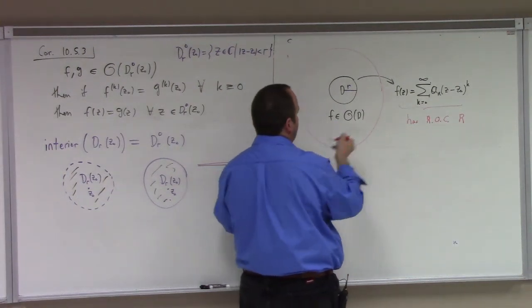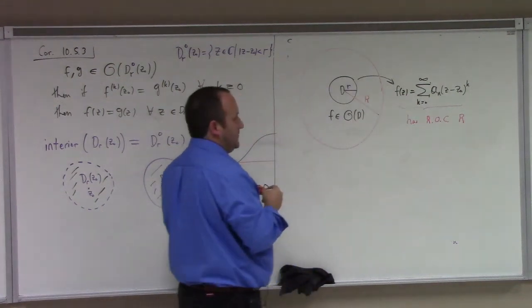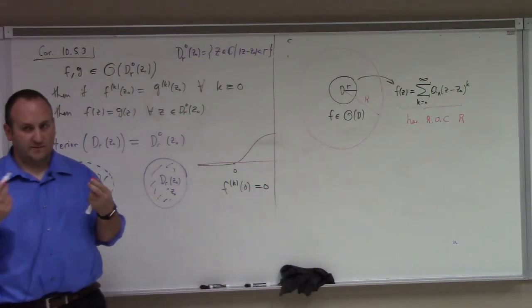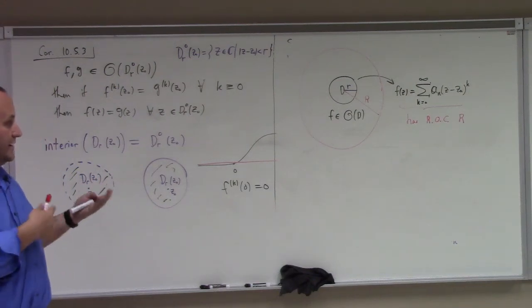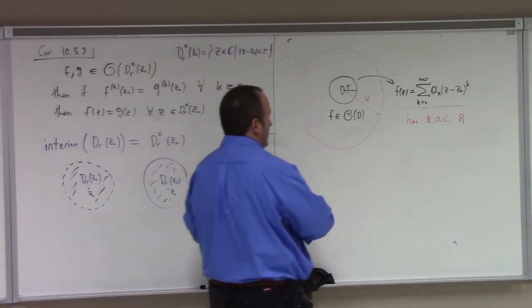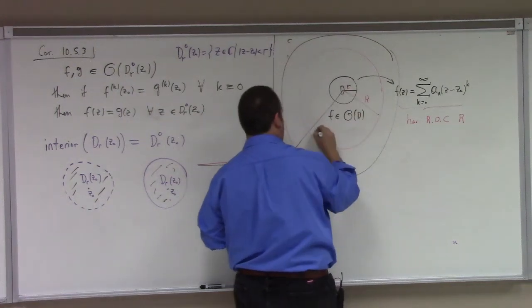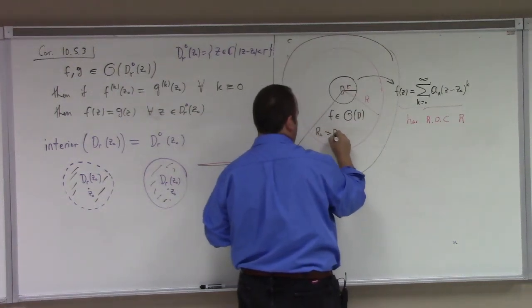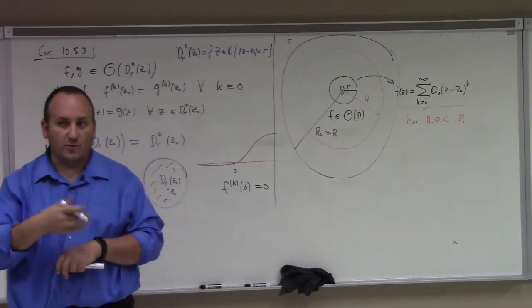Then the question is, is it possible that the function could be complex differentiable on a larger disk? Could there be a yet bigger circle on which we could extend? Could we pick some R2 greater than r and find a holomorphic extension of f?